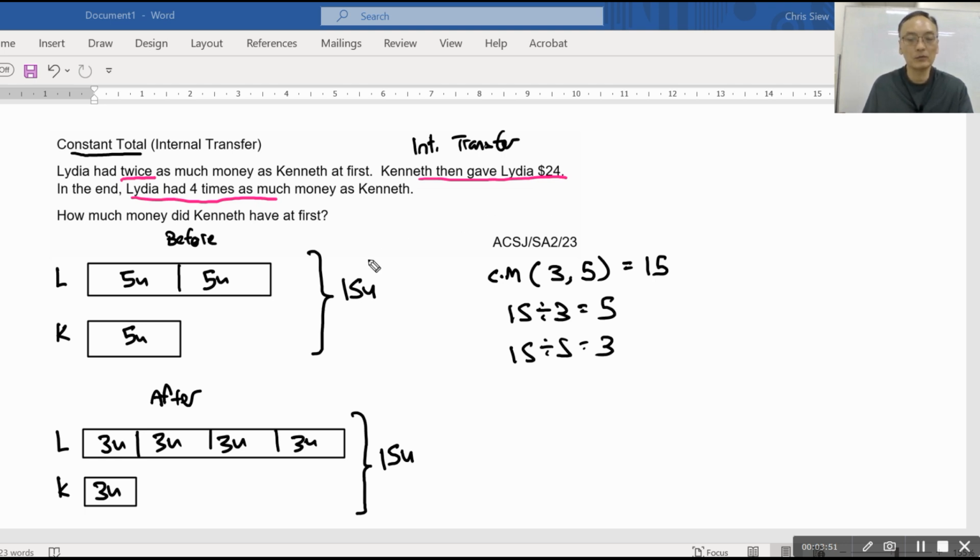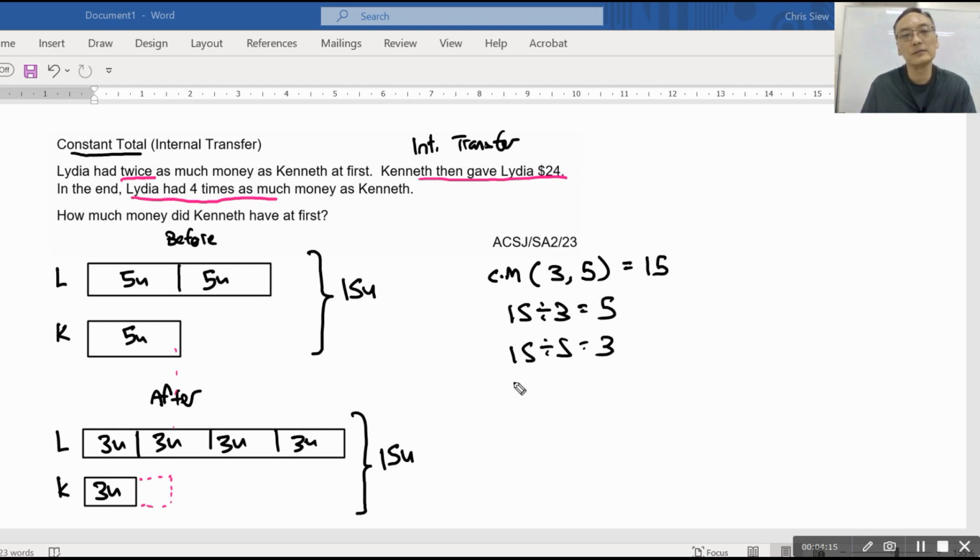Okay, our focus now will be on Kenneth, right? Kenneth used to have 5 units, and after transferring $24, he's left with 3 units, right? So therefore, we need to find out what is the amount that was transferred to Lydia.